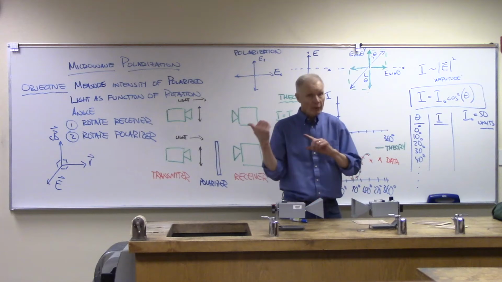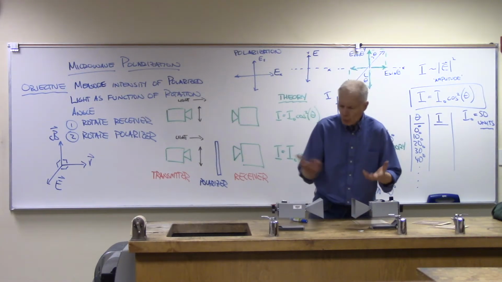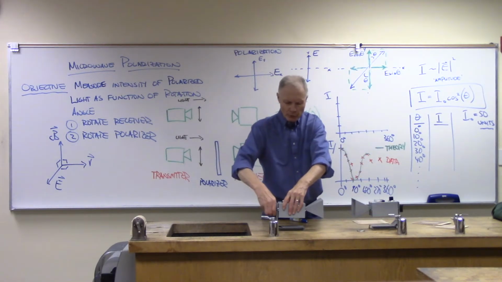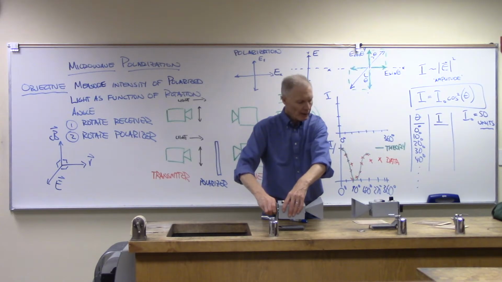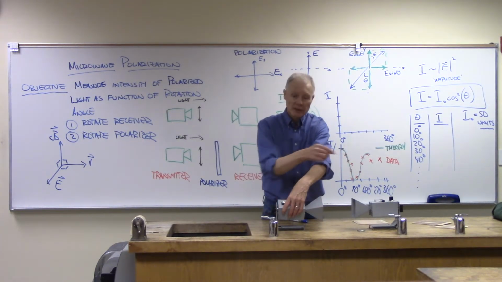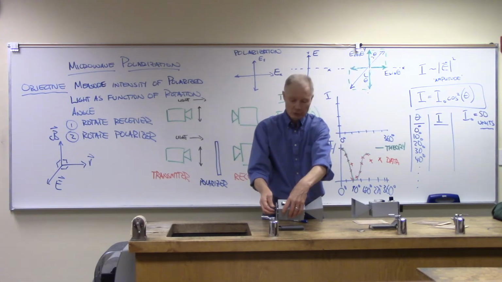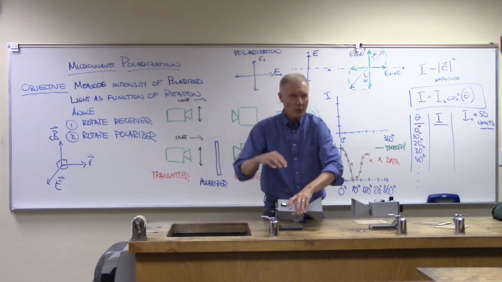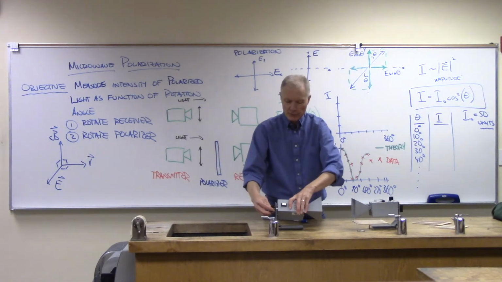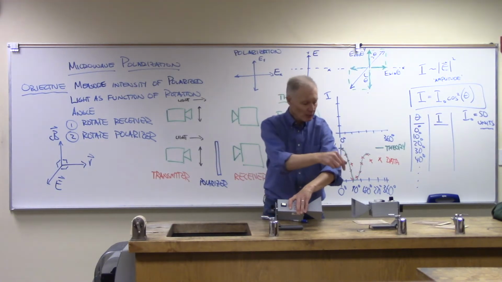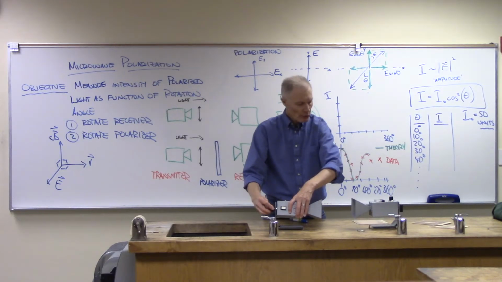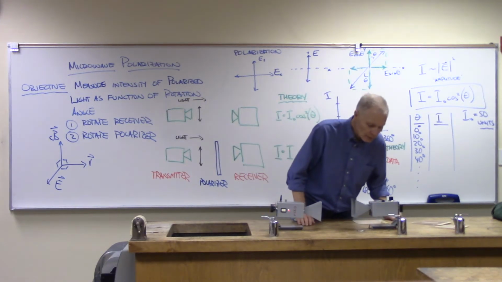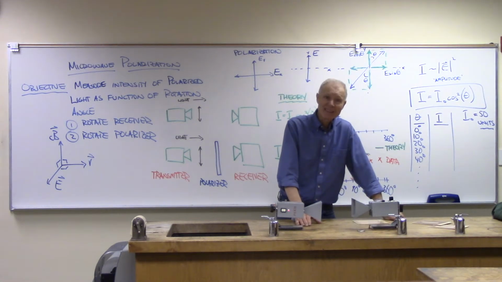Now, what would happen if, well, let's try the transmitter. So I'm going to take the transmitter now, and I am going to start rotating it. You know what's happening to the intensity over here? It's dropping down. Now, again, we said that if these are perfectly polarized in terms of transmitting and receiving, then at 90 degrees it should go to 0, and yeah, it really did.